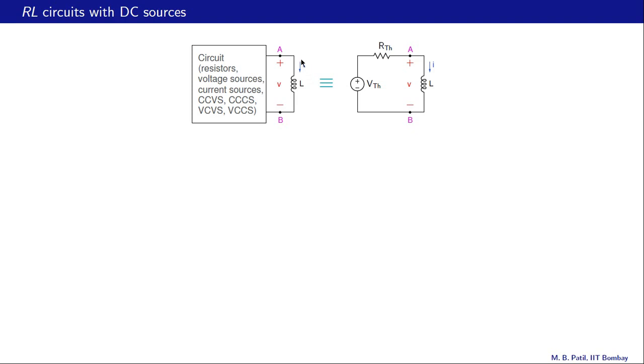Step number 1, we replace this original circuit with its Thevenin equivalent consisting of a voltage source VTH in series with the resistance RTH, and the inductor of course appears as it is.